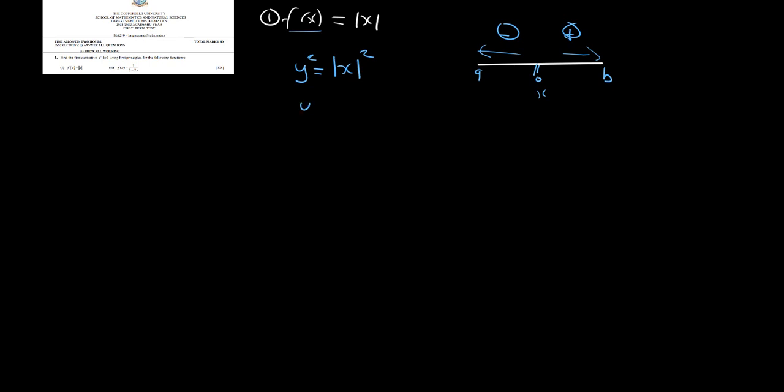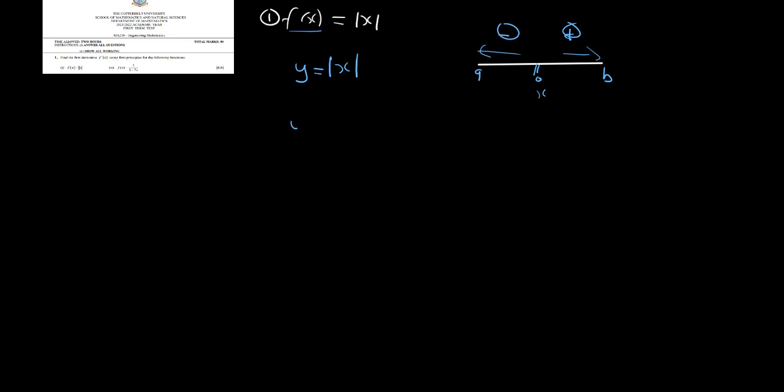So here it will be y squared is equal to x squared. Now you want to remain with just y. Before that, someone might be lost there. So y is equal to the magnitude of x, like that. That's the meaning there.